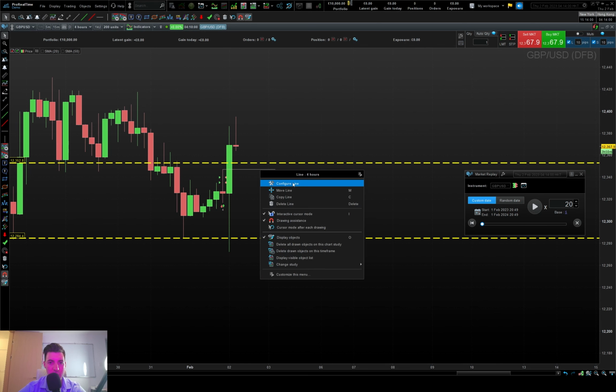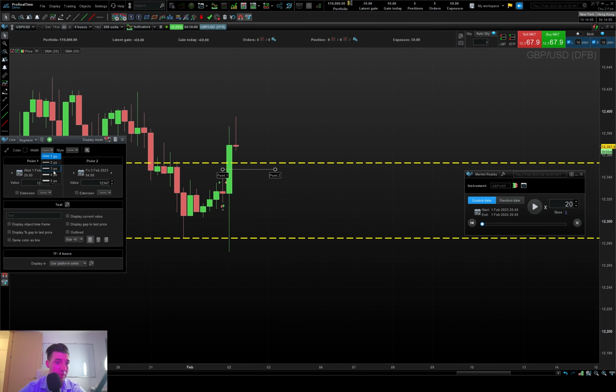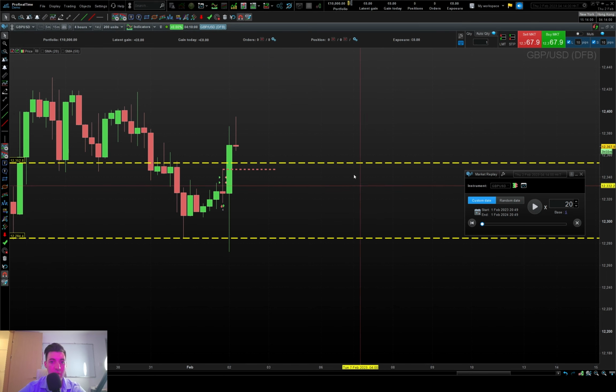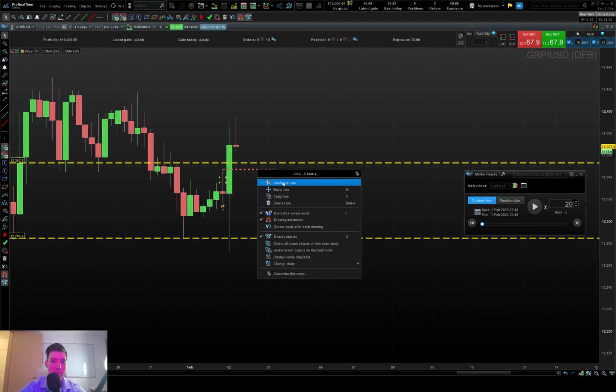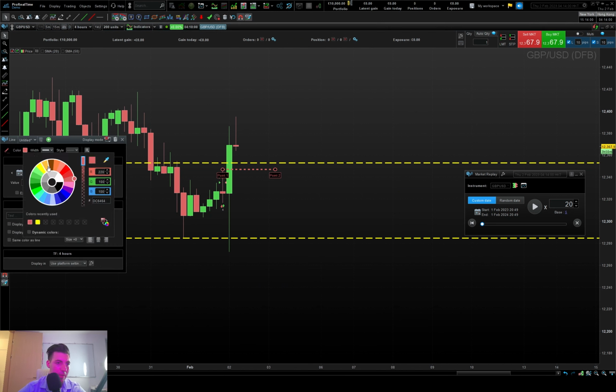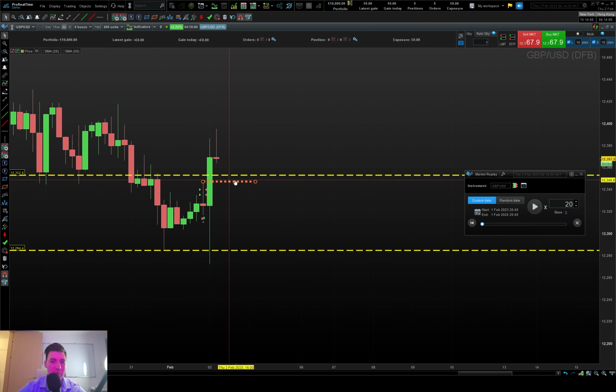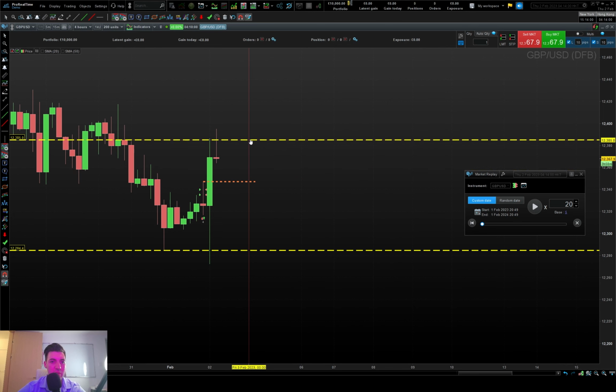All right, let me see if I can configure this, make it a bit thicker. I'll make it very dotted, and let's say this color. Okay, so we can say, oh, maybe not red. Orange? Yeah, okay, orange is good. Okay, so we can see that it broke here. It broke that structure. So we can move this up.